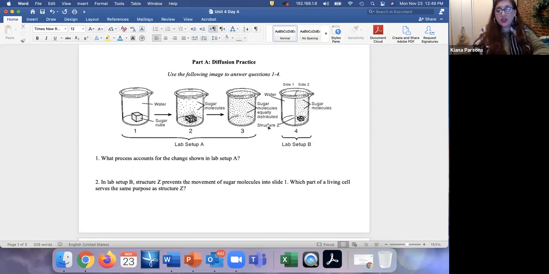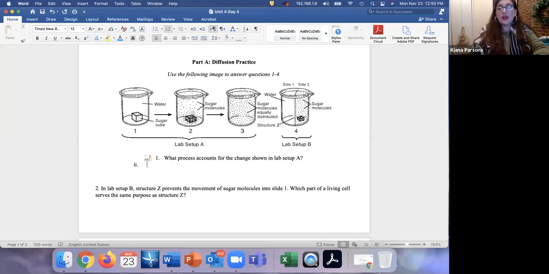Equilibrium has been reached. And then in lab setup B, there is some sort of a membrane between the two, labeled as structure Z. And the sugar molecules do not appear to be able to diffuse across structure Z. So what process accounts for the change shown in lab setup A?